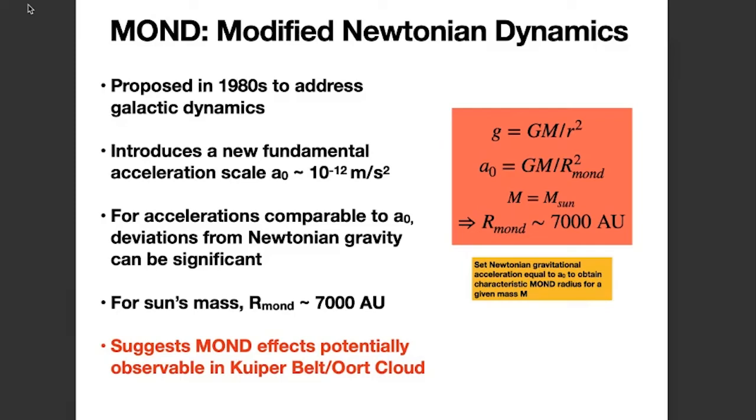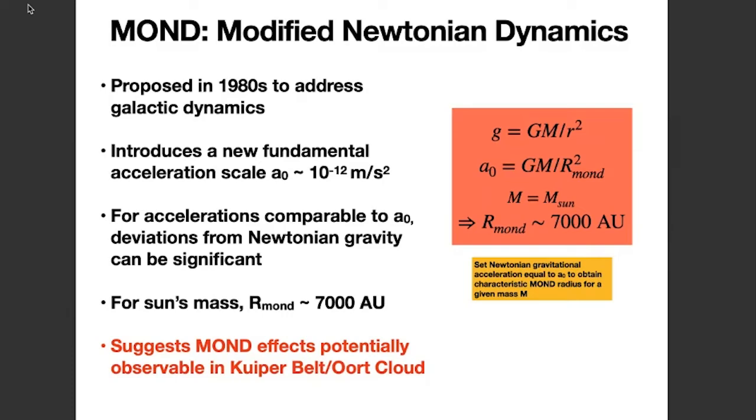And as a cosmologist, I think that there are good reasons to believe that dark matter exists. But we've been looking for it for a long time, and we still haven't found direct evidence for it. So until we do, it's worth considering alternatives, and MOND is a sort of alternative to dark matter.